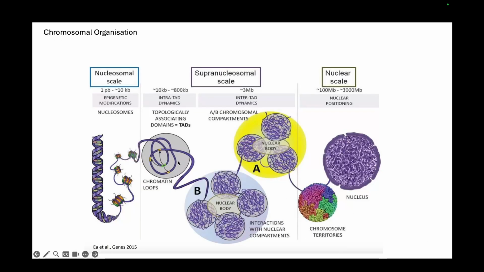So you have different levels of chromosomal organization. You have the nucleosomal scale, which is basically one bp to 10 kb, in that particular range. If you go further and look at a more microscopic level, you have the topologically associated domain.